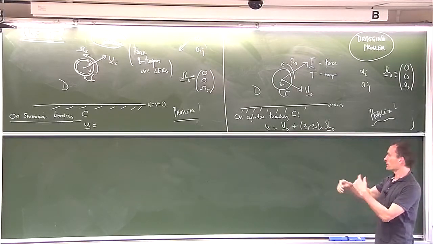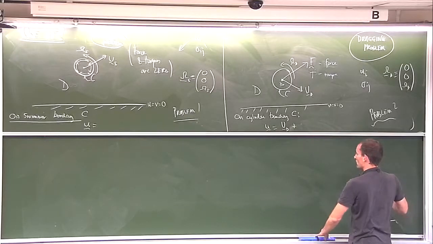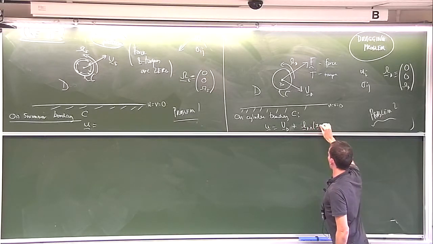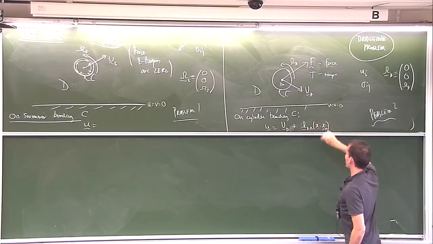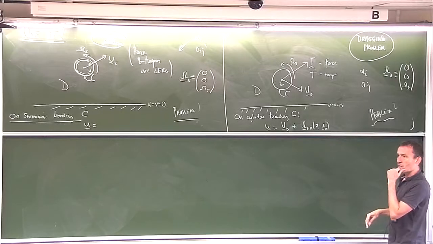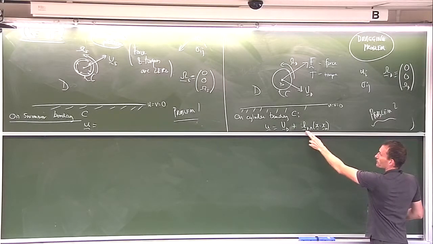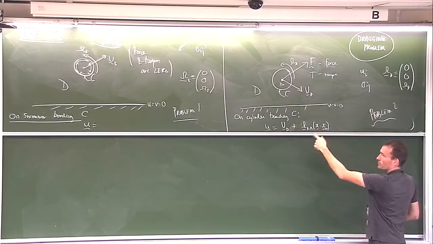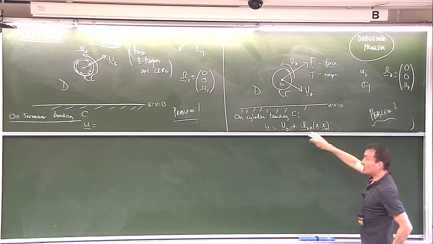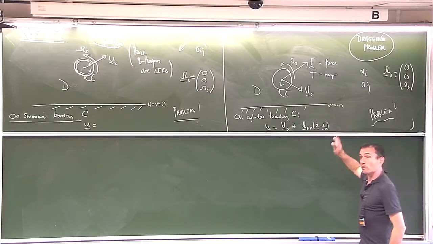Solid body rotation, or maybe the other way around. It doesn't matter, it will just mean the sign of that changes. Okay, this is a point on the boundary and it's rotating about that point with some constant angular velocity, so it's omega cross d. And that's it.